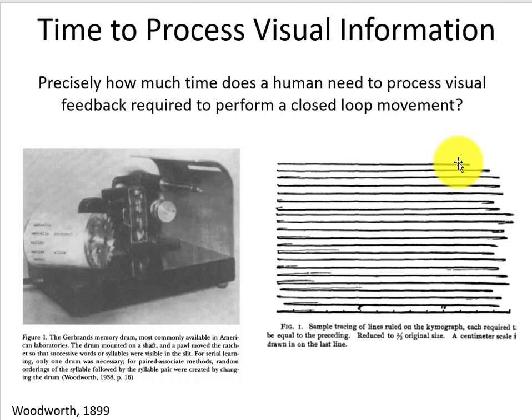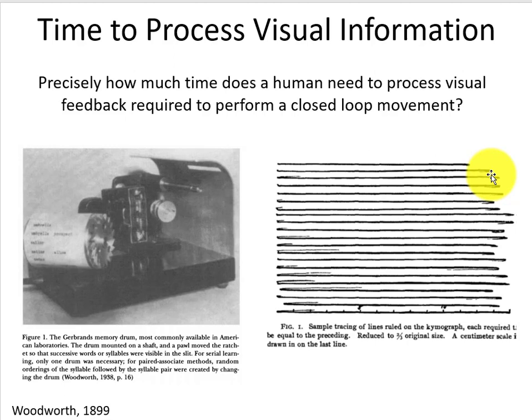As they were making the movement on the kymograph, they had no information about what the preceding movement looked like. And so in his dissertation work, Woodworth actually asked people to do this with the left hand and with the right hand, and also with the eyes open and with the eyes closed.